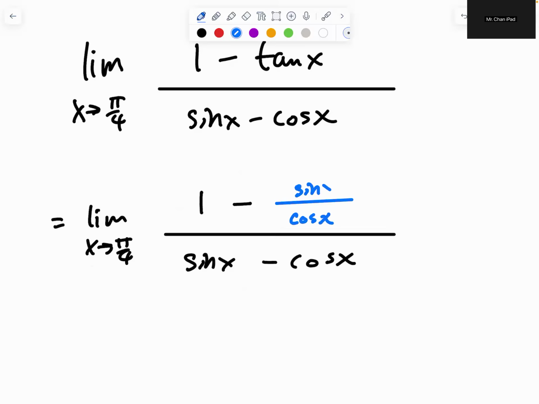You think about how good it is to implement this change. If I change tangent x to sine x over cosine x, will there be a way out? Does it offer us some benefit? This is where you've got to think, if I do this, what's next?